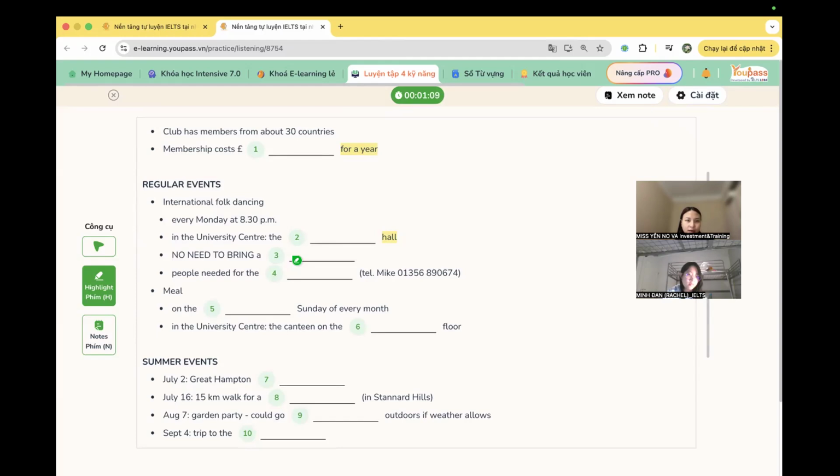They don't need to bring something with them. And if they need to do something, they have to call. The meal is on a Sunday of every month. You know that we only have 4 or 5 Sundays every month, right? I think it's just like Mother's Day or Father's Day, they will mention the ordinal number of which Sunday they would like to organize.